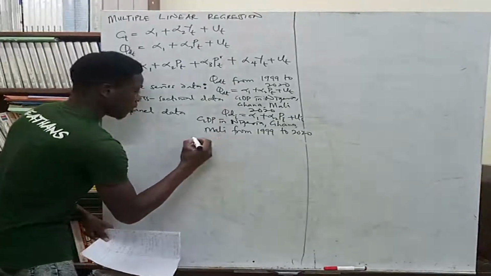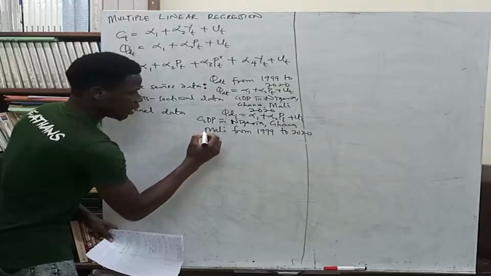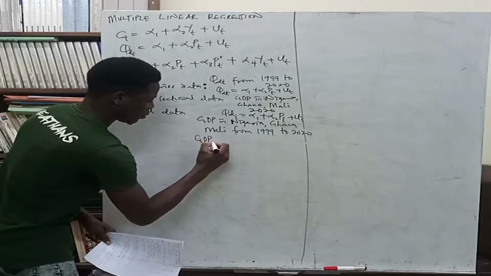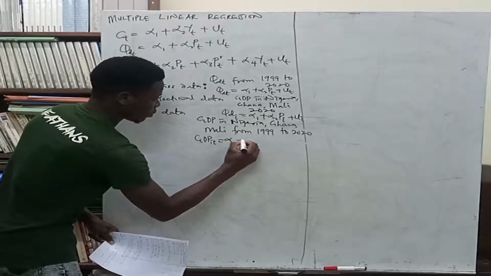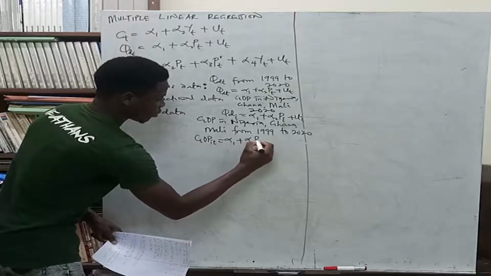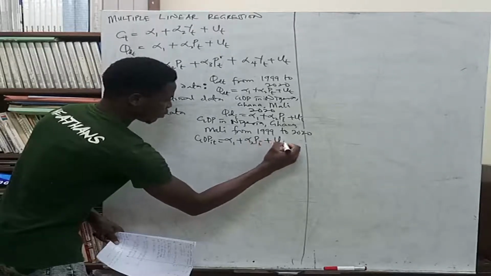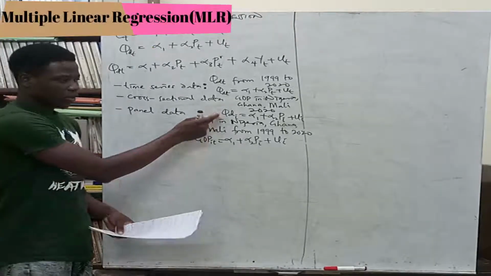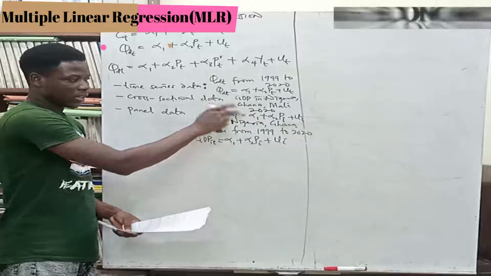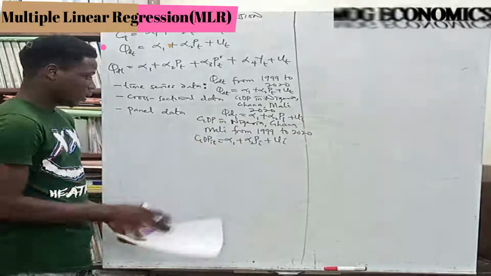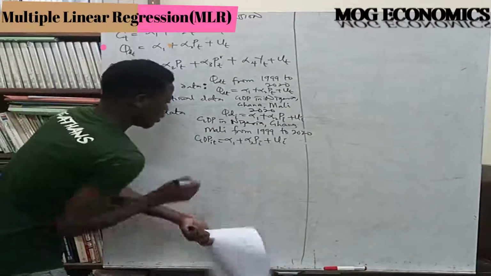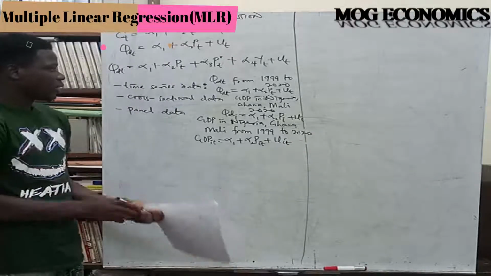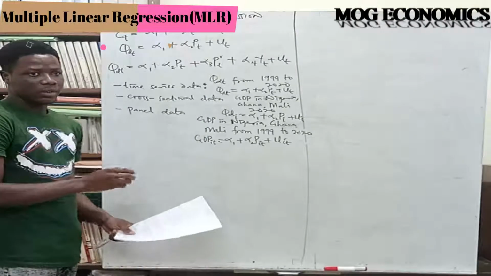Then it comes with the subscript IT. Now, I need to say that you don't have to mind this. I just use this as a notation to explain to us, so I did that here. So this will come with IT. Those are the three kinds of data you can work with in econometrics.